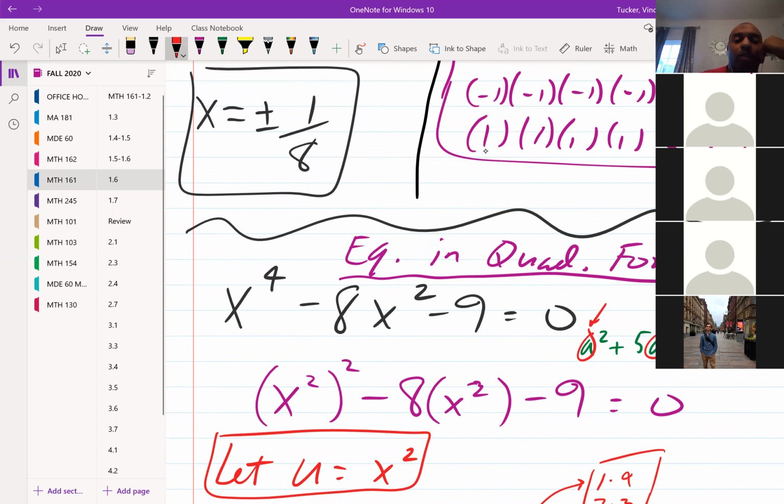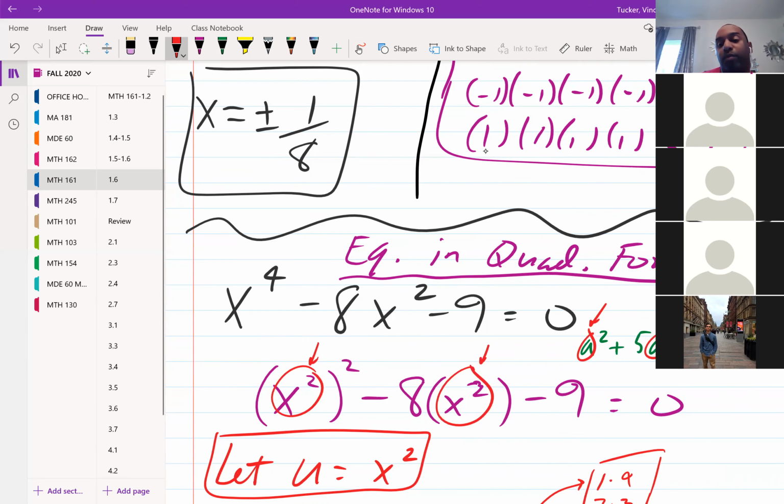So when I look at x to the fourth minus 8x squared minus 9 equals 0, I have x squared here, then x squared squared in the first term. So once again, when you have your term in the middle, and that leading term is that term being squared, that is considered being in quadratic form.